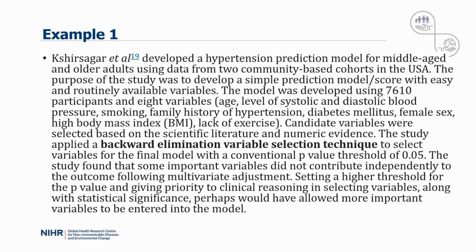And so p-values of 0.05 may be a very, very stringent threshold to have. In this study, some clinically important variables were excluded, and a reanalysis showed that, if they had had a higher threshold, those variables could possibly be included in the model, and you could also have then had the effect estimates for those variables to create the hypertension score.